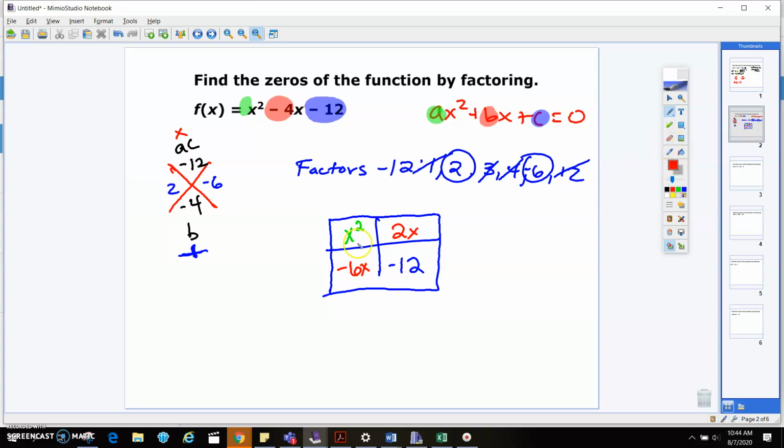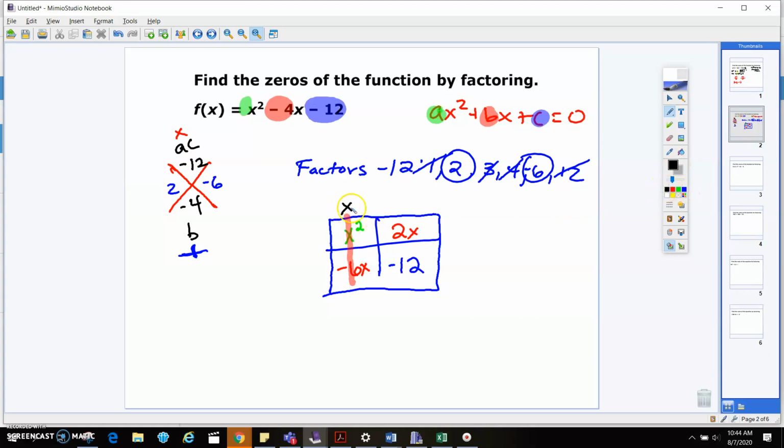Now we're going to take the GCF of our boxes straight up and down and side to side. So first I'm going to do straight up and down. So what is the greatest common factor of x squared and -6x? Well, the greatest common factor is going to be x.